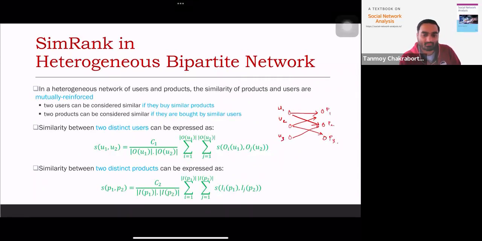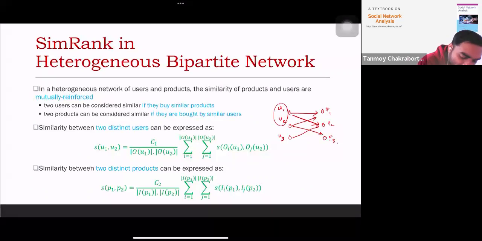In that case, if you want to measure the similarity between two users U1 and U2, how do you do that? The similarity between U1 and U2 is measured by the similarity of all their outward neighbors, right?